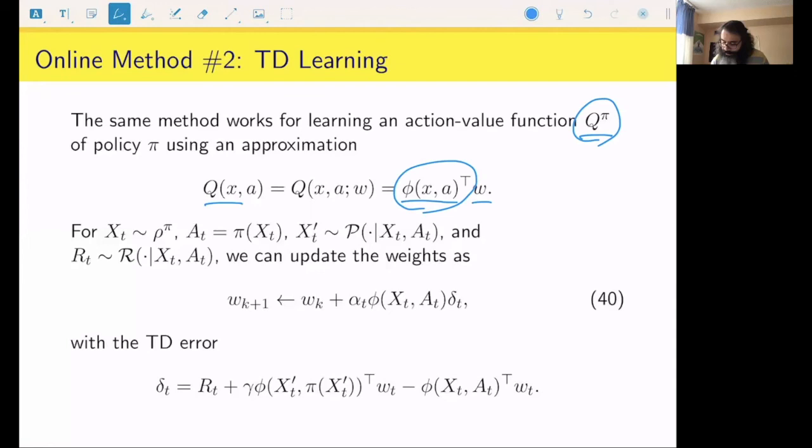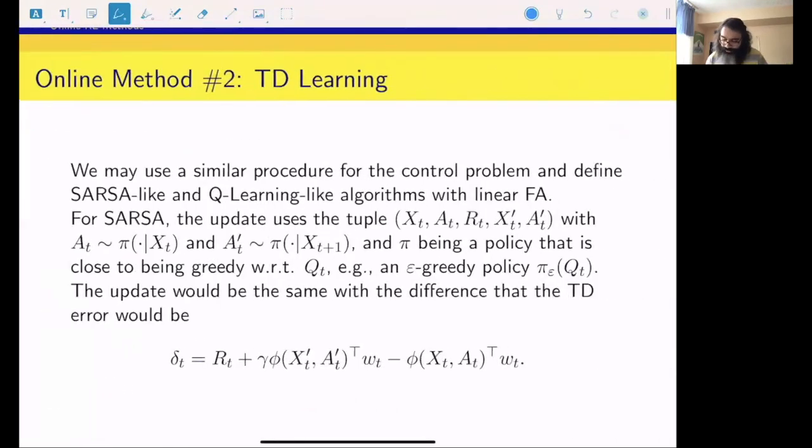And then we can have an update rule like this with a TD error, which is essentially the same, except that we bring in actions in order to get a TD update rule for estimation of Q pi in an online way. And this works again, so there's no problem here.